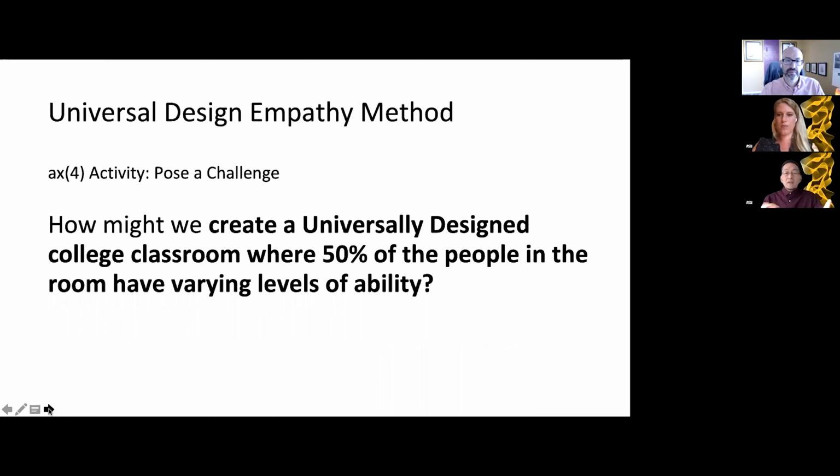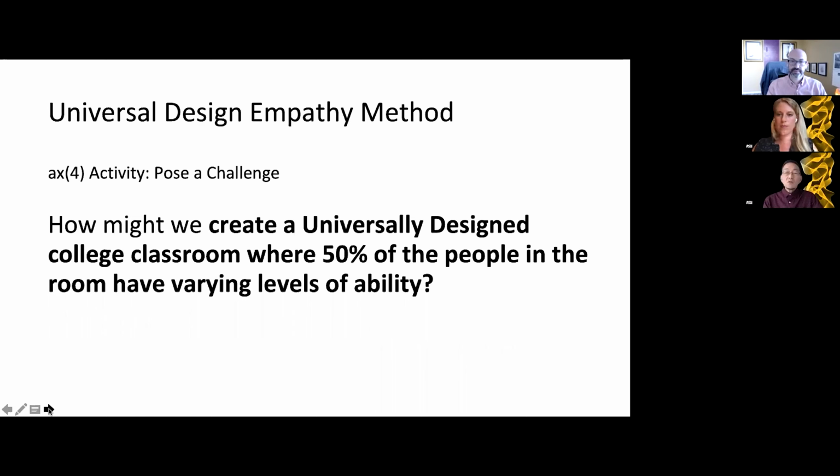So, you know, it's always good when you want to be able to practice empathy to provide a challenge. So you could gain a lot of empathy by just sort of congregating faculty together and joining in to create an experience, more of a thought experiment in terms of empathy.